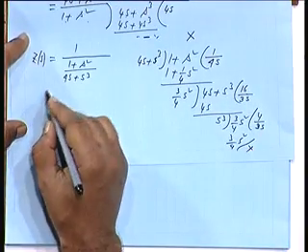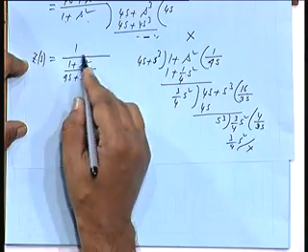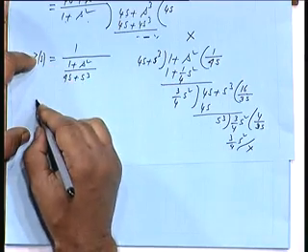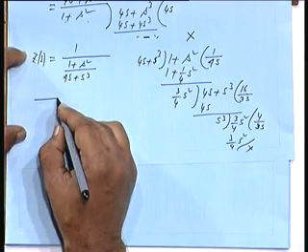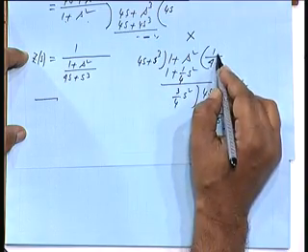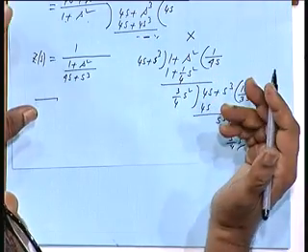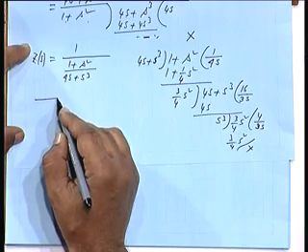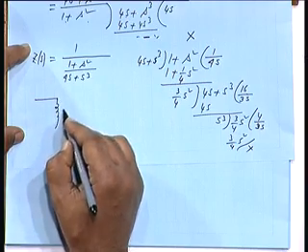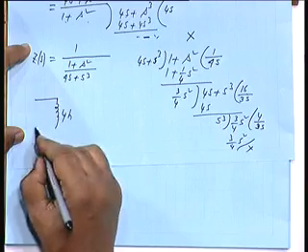So, the elements we get are ZS equal to 1 by this. So, this is admittance. So, it starts with an admittance of element 1 by 4S. What is the admittance of 1 by 4S? What is that corresponding element? 4S is the impedance. So, 4 Henry. Okay.